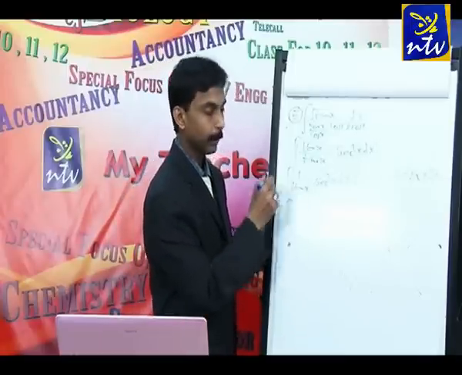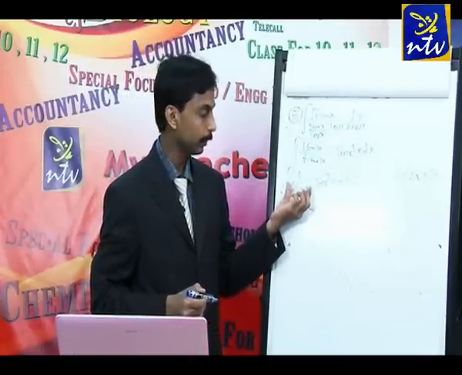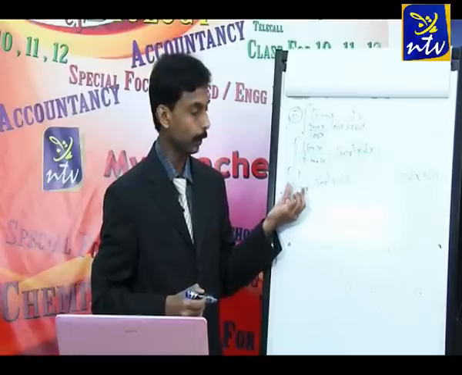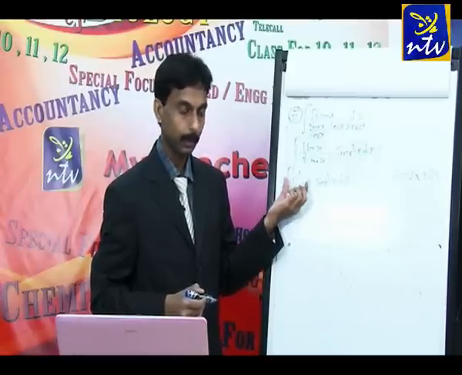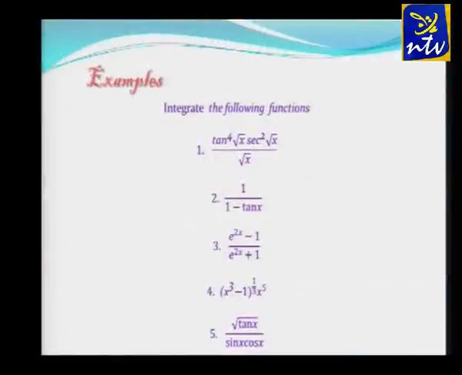Now this 1 by root tan x, you know, root tan x is tan x raised to 1/2. It's a square root only, so tan x raised to 1/2. This tan x raised to 1/2 you can take up, so it will be tan x raised to minus 1/2 into sec square x.